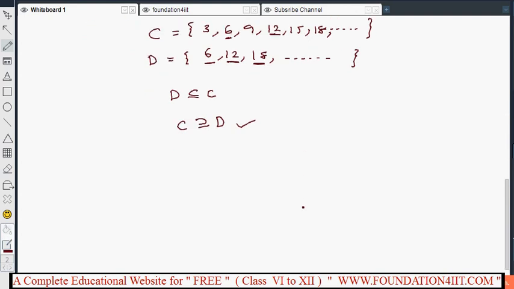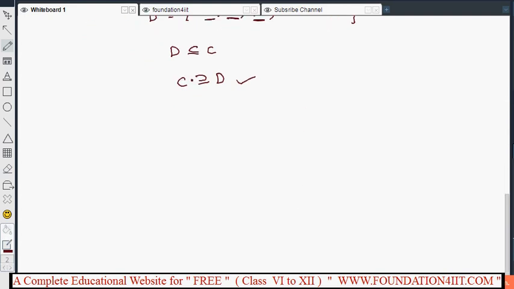Okay, some important properties I'll show you on subsets. So important results on subsets.